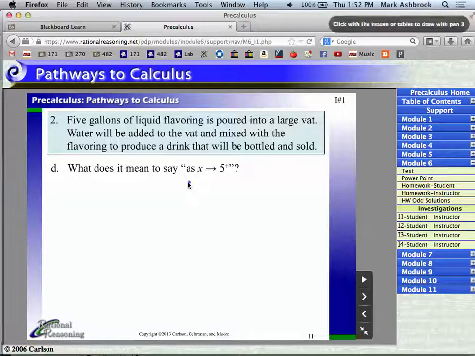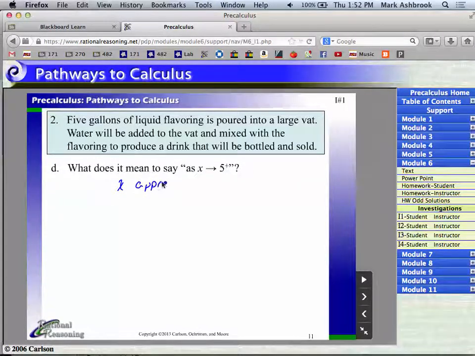This is part D. And so what this means is x approaches 5 from the right. That plus means from the right. So x approaches 5 from the right. That's what this x arrow 5 plus means.